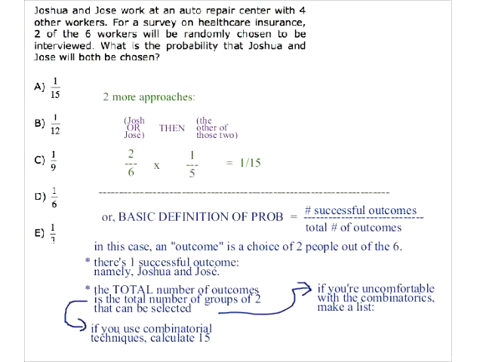So then you can have 1 and 2, 1 and 3, 1 and 4, 1 and 5, 1 and 6. You can have 2 and 3, 2 and 4, 2 and 5, 2 and 6. Joshua and Jose are people 1 and 2 here.